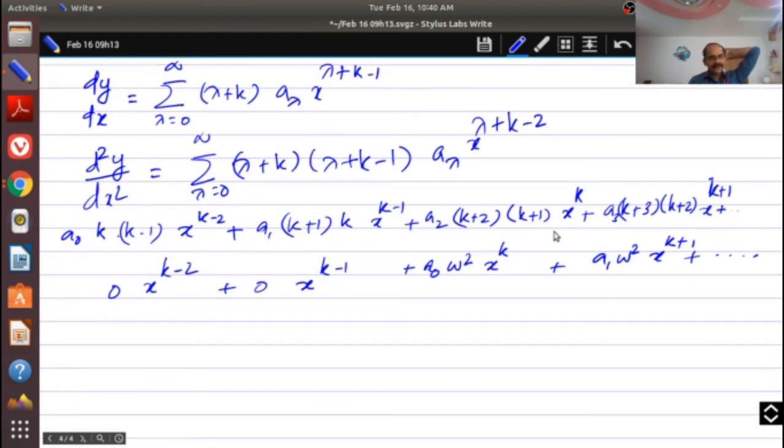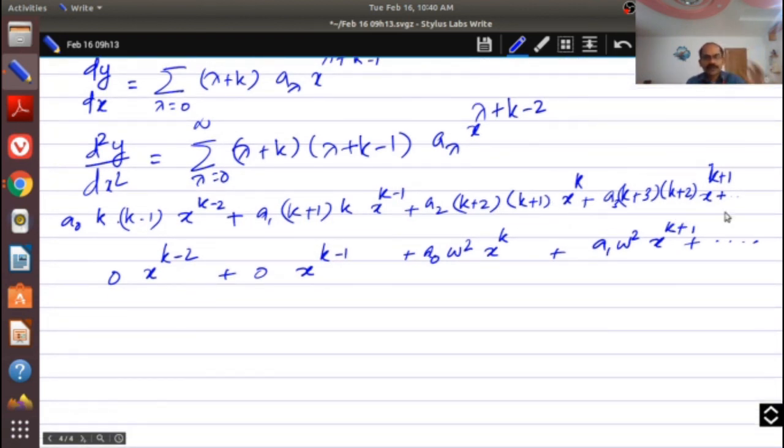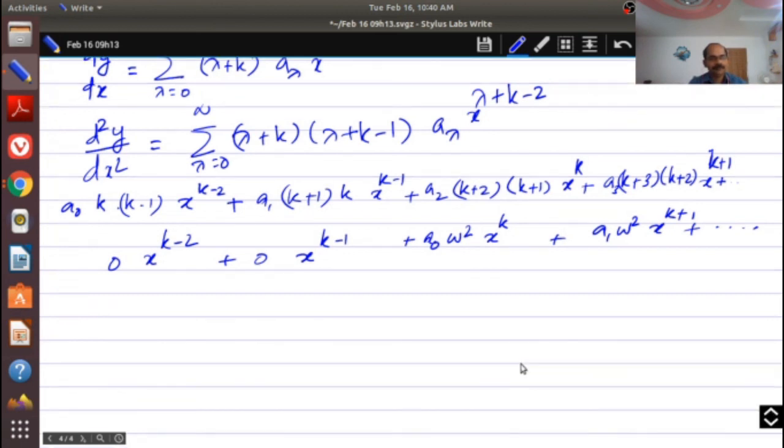And term by term you equate, so there is no surprise that A0 is related to A2, because this coefficient is equal to this coefficient. This is our recurrence relation. So go ahead, and after some time it should stop, so you say that the convergence is guaranteed. So this is the method.